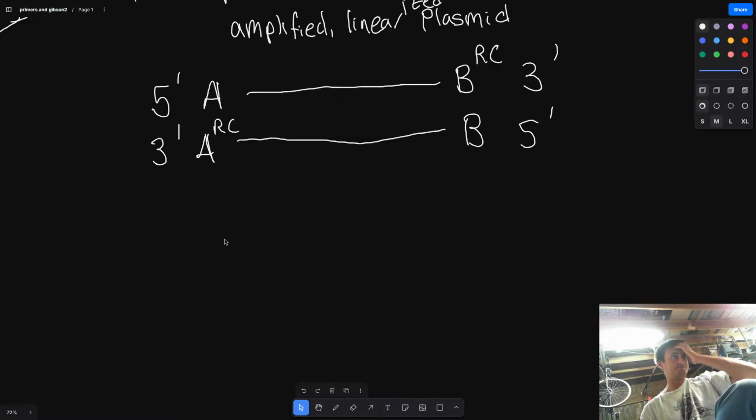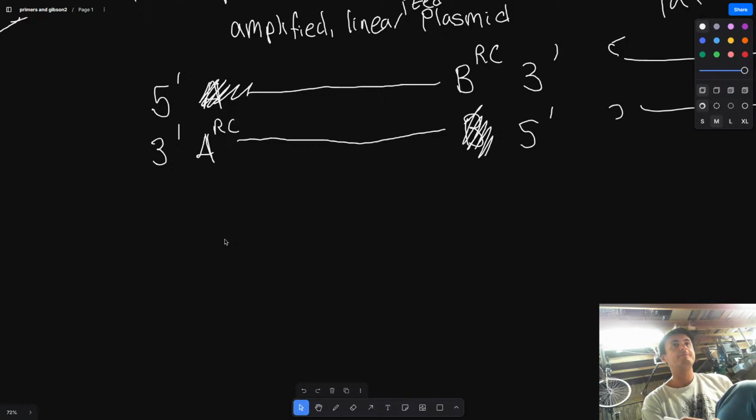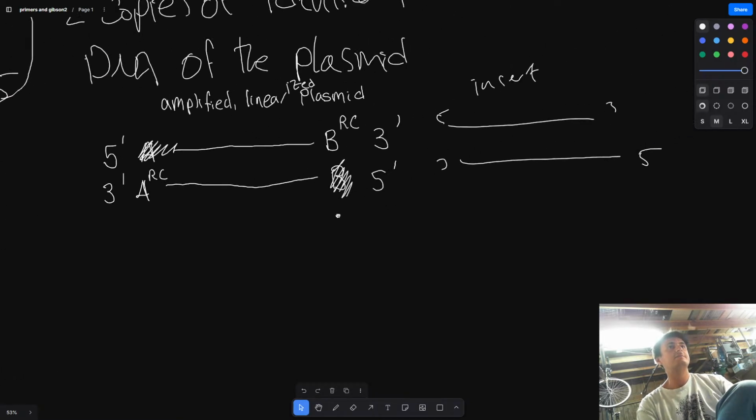So, okay, what's going to happen is exonuclease is going to chew back B, and it's going to chew back A. So if we have our gene, so our insert here, 5, 3, 5. Let's zoom out.